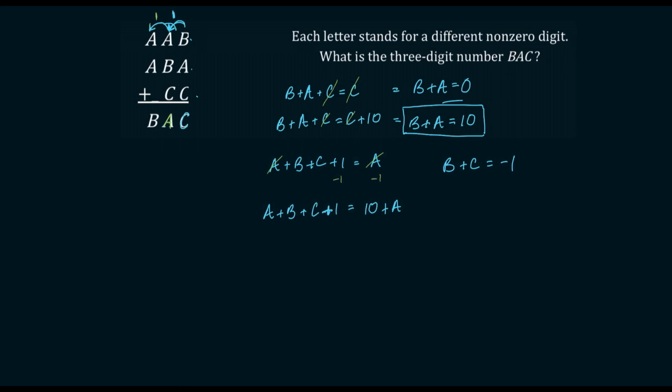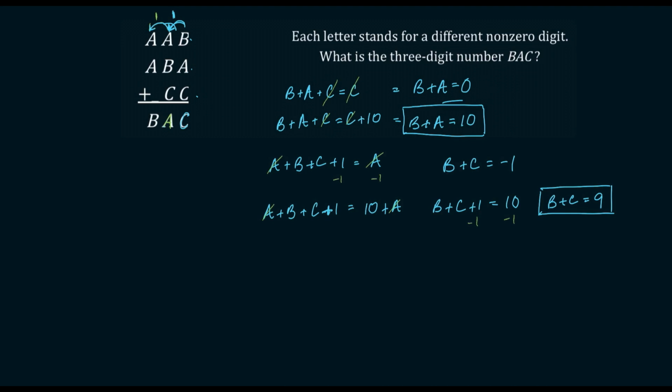Now, if we cancel out the A's, we get B plus C plus 1 is 10, and when we subtract 1 from both sides, we get B plus C is equal to 9. And this is the second of the 3 main equations that we will be using.